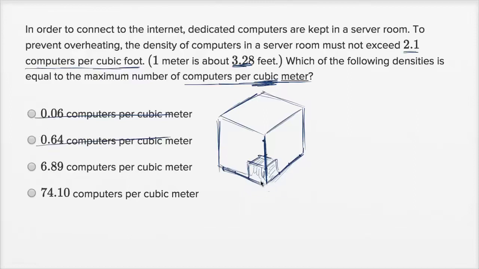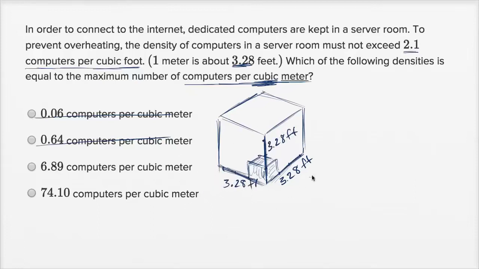Well, you could just multiply this volume, a cubic meter. To figure out how many cubic feet it is, you can just multiply the dimensions in terms of feet. So this is going to be 3.28 feet in that dimension, 3.28 feet high, and 3.28 feet deep.